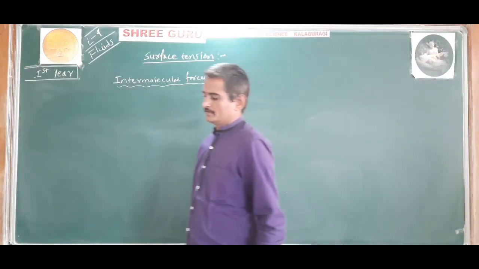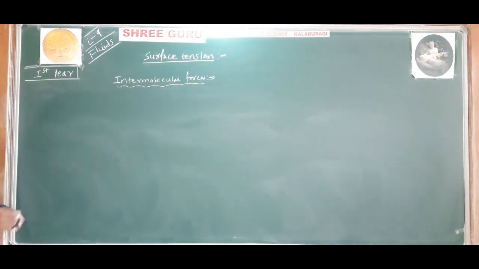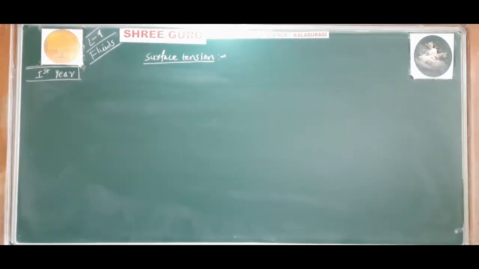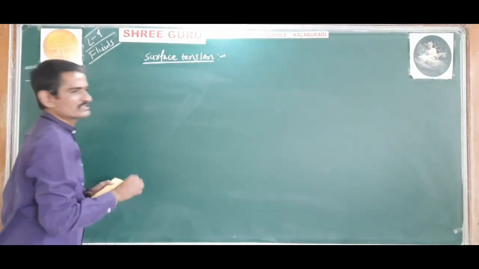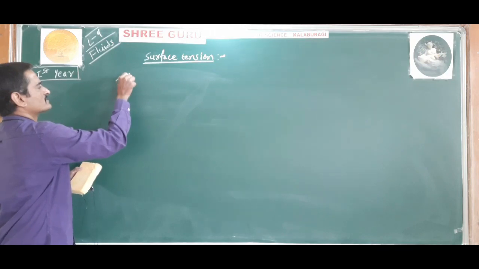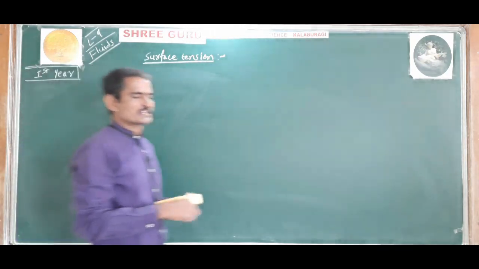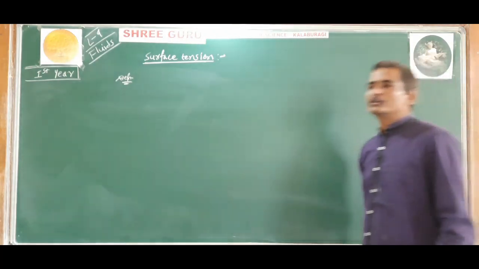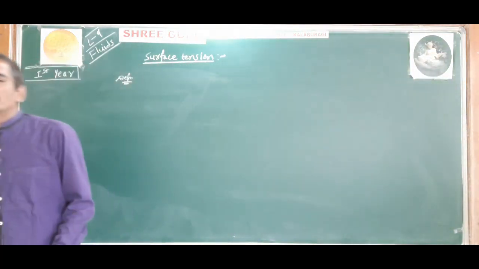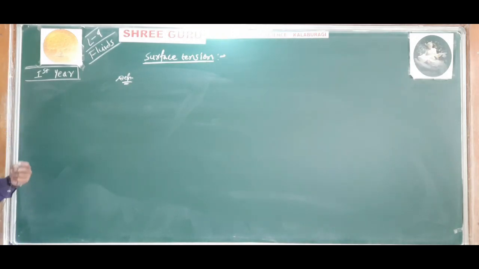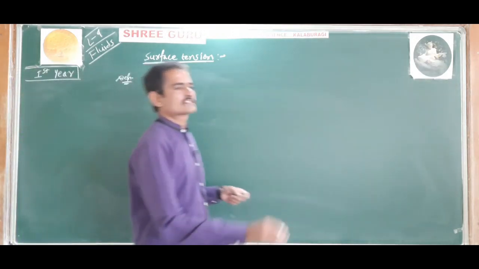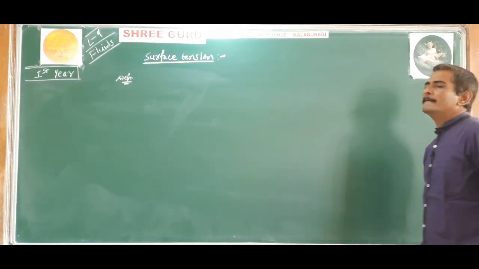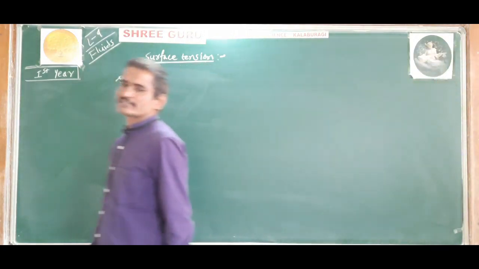Okay. So now the next concept is surface tension. Okay. I will tell the definition of surface tension. Surface tension: the property of a liquid due to which its free surface tries to have minimum surface area and behaves like a stretched elastic membrane.